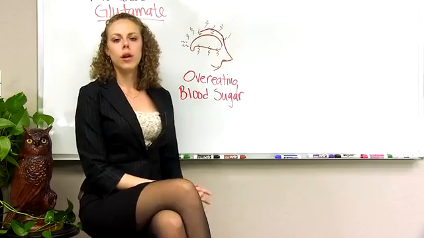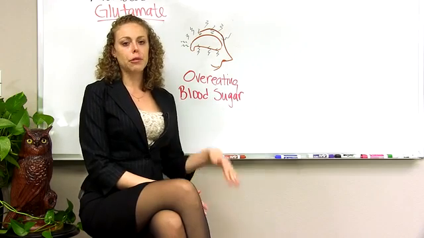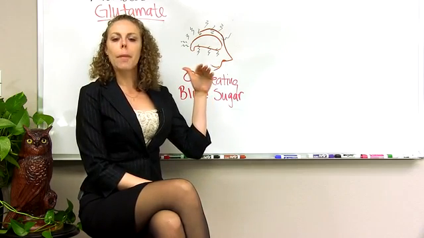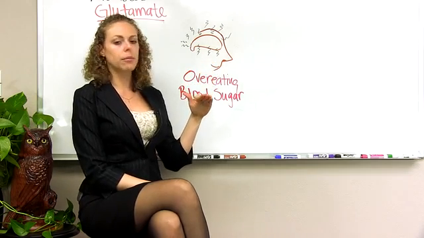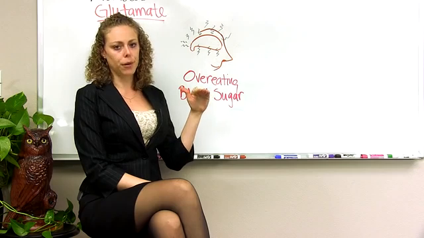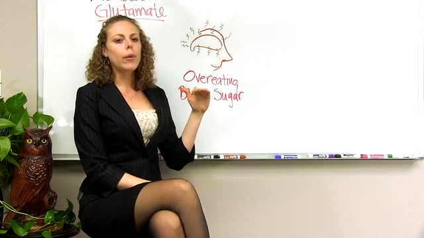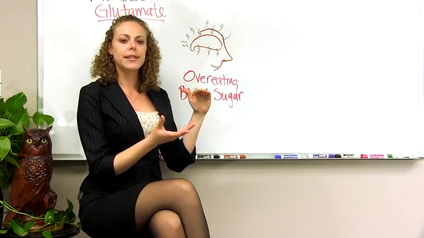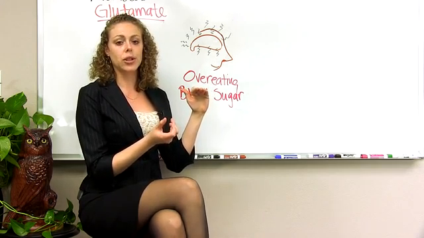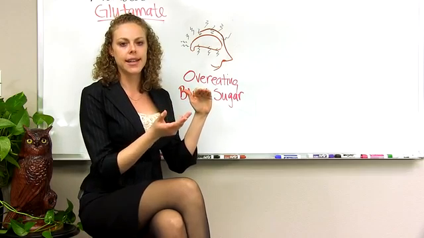Whenever we eat foods that raise our blood sugar, our pancreas releases insulin, and that insulin helps to lower the blood sugar back down to an optimal level. But when we eat foods containing MSG, the pancreas is overstimulated and actually secretes more insulin than is needed.